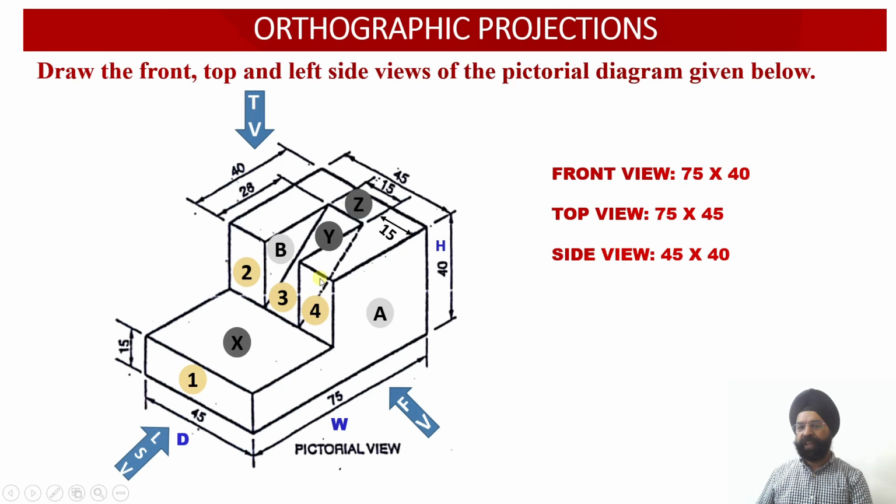This is the vertical surface corresponding to web number 1, and this is the vertical surface corresponding to web number 2. So corresponding to these two webs, we have surface 2 and surface 4. Surface 1, surface 2 and surface 4 will be viewed as true shapes onto the profile plane while we are going to draw the left hand side view.